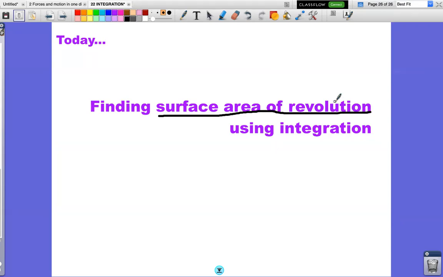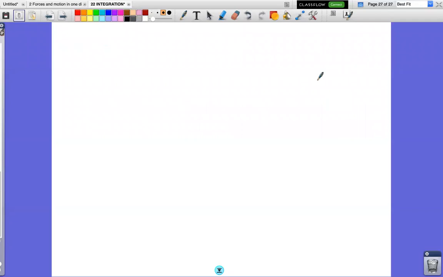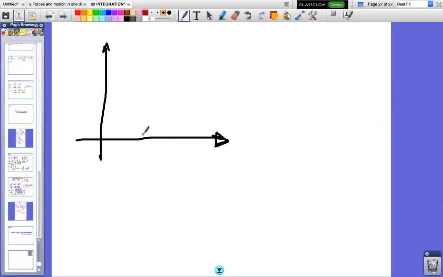I think when you studied P1, you did a similar kind of thing. Say you have your XY plane, and let's say you have a function. This is the function y equals f of x.